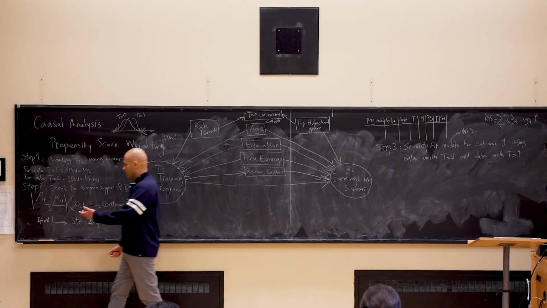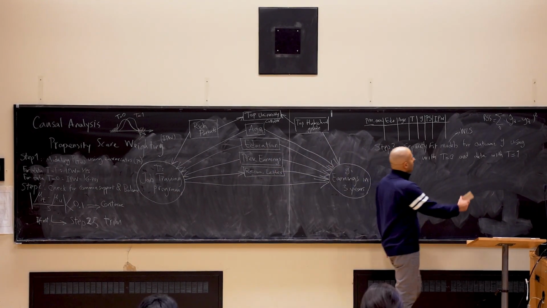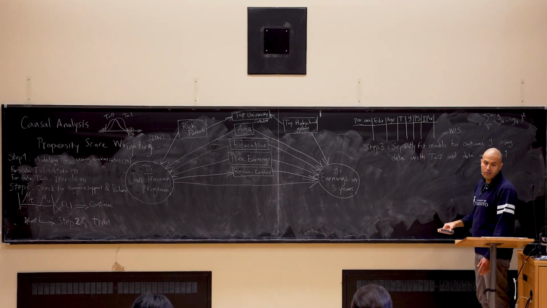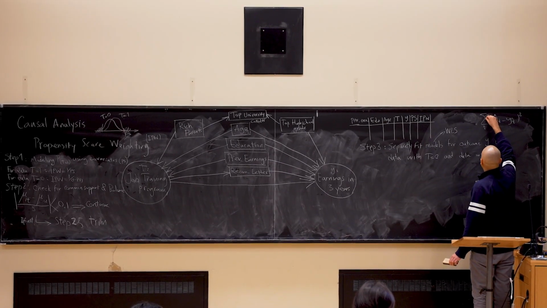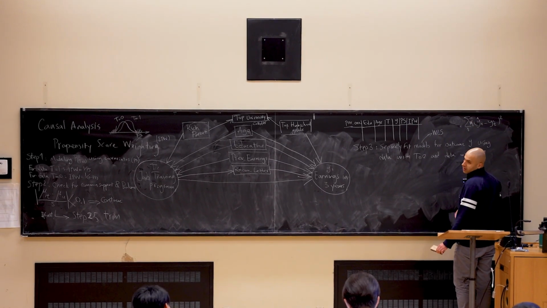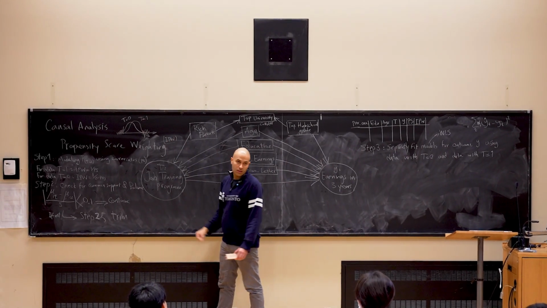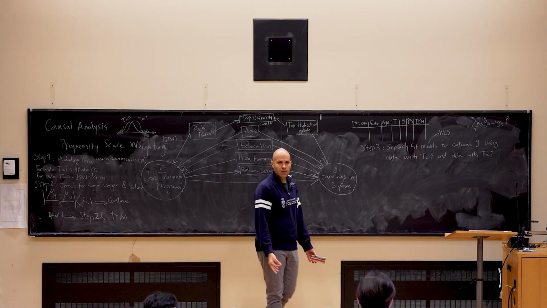WLS is just another command that you type in Python, and it minimizes a weighted notion of RSS, where for each data point you have a weight. And the weight is the inverse probability weight that says this person should be counted twice, this person should be counted half a time, right?